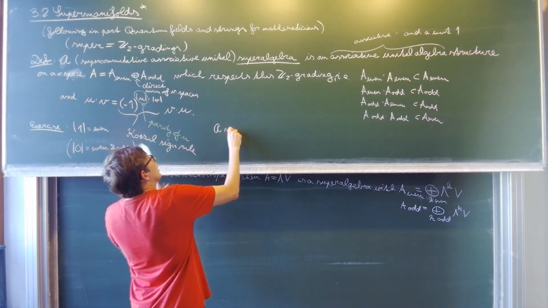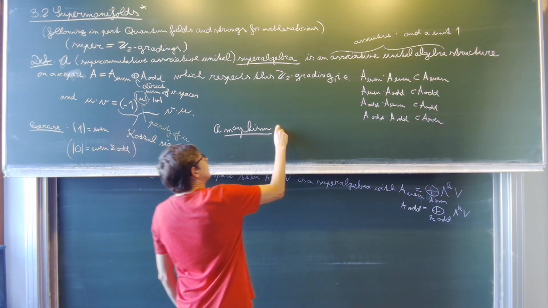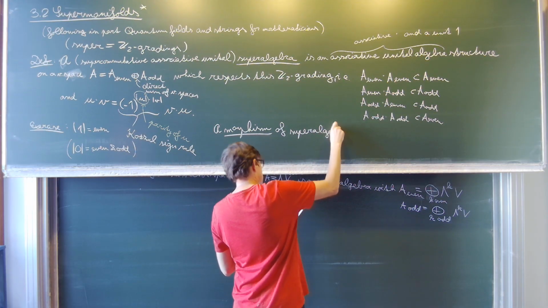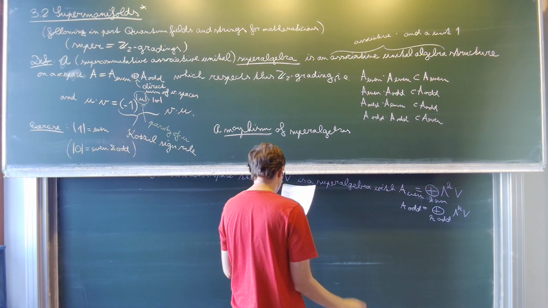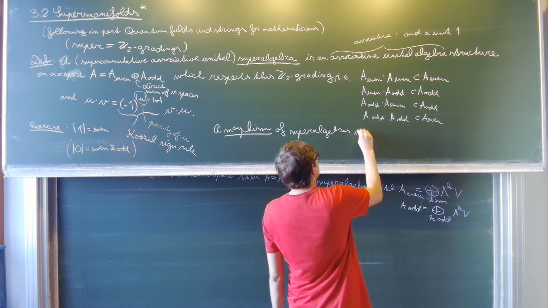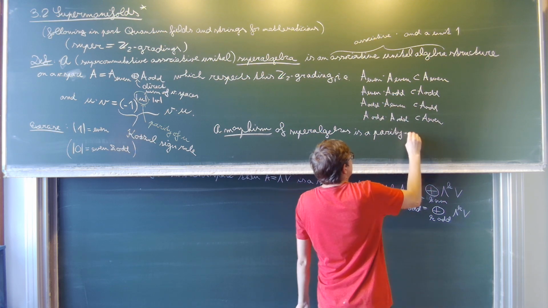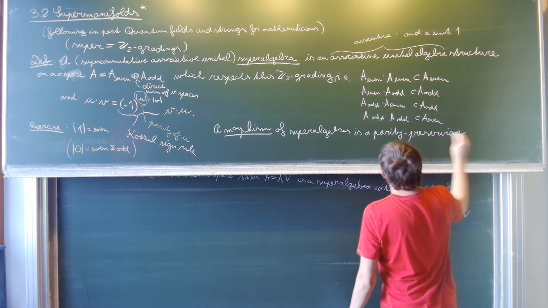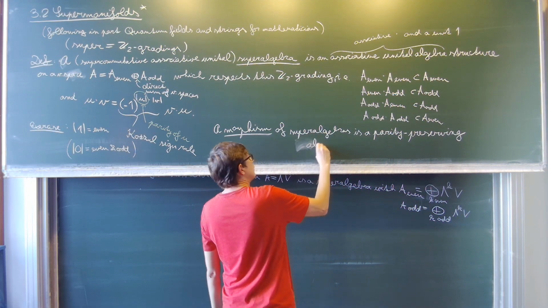A morphism of superalgebras is a parity preserving morphism of ordinary algebras.